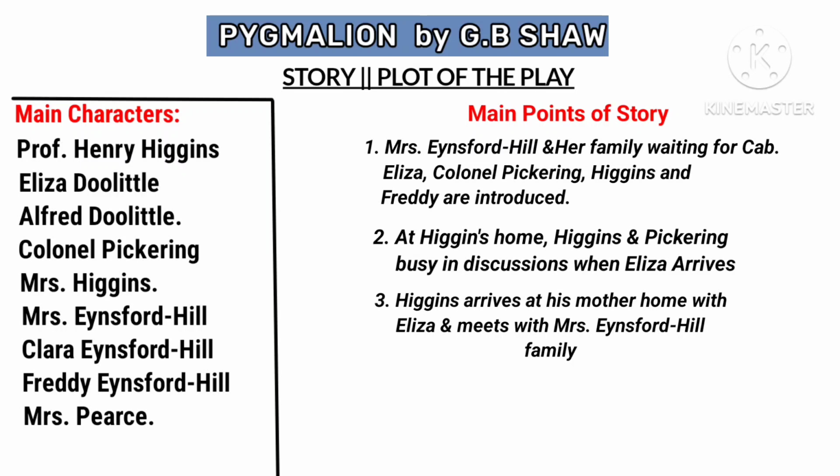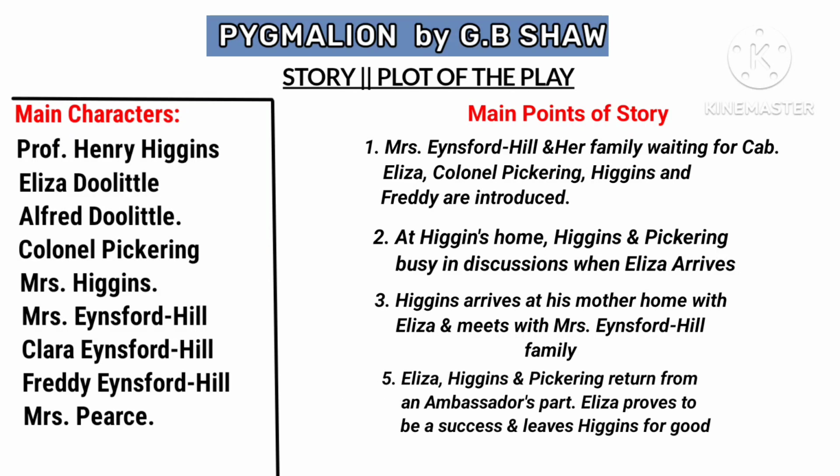When they depart for their homes, Professor Henry Higgins' mother tells the professor that Eliza Doolittle is yet to be ready. She needs more polish, she needs more improvement in her language, in her behavior, in her external manners. Then after some time, Colonel Pickering, Eliza Doolittle, and Professor Henry Higgins return late in the evening to the home of Professor Henry Higgins.